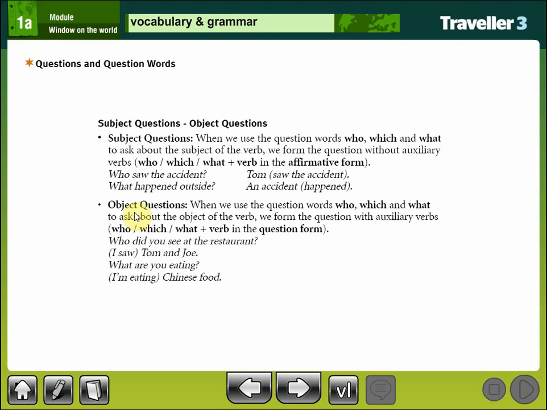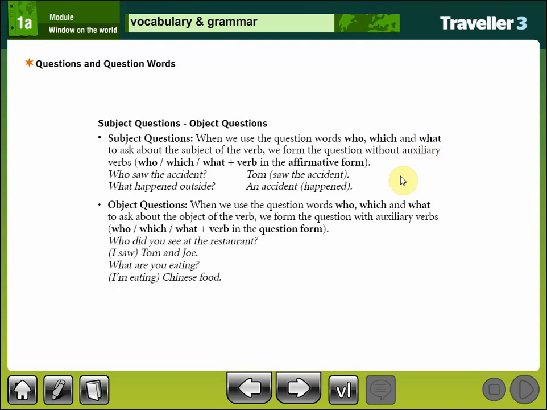However, object questions, if we use them with who, which, and what, the verb is in the question form. Example: who did you see at the restaurant? So the verb here, which is see, is preceded by did, or here, are.